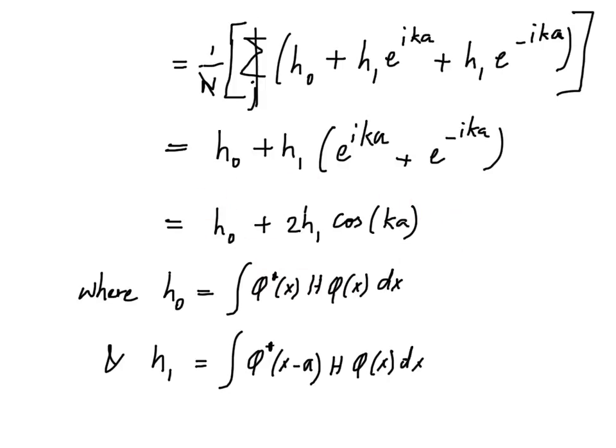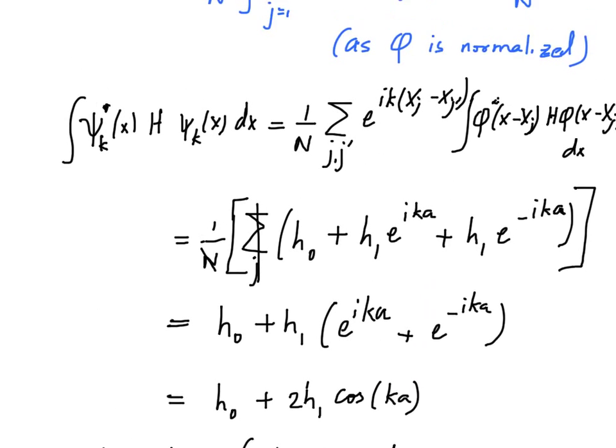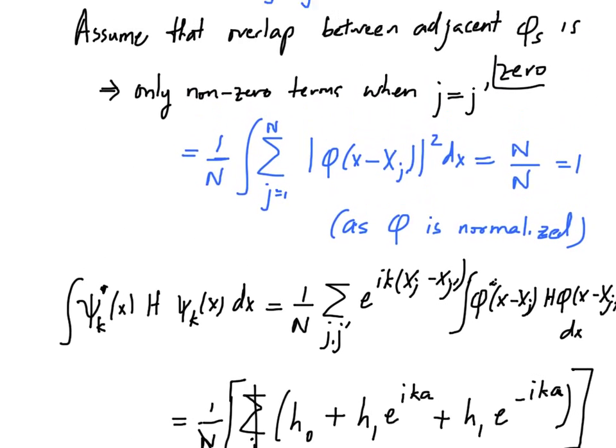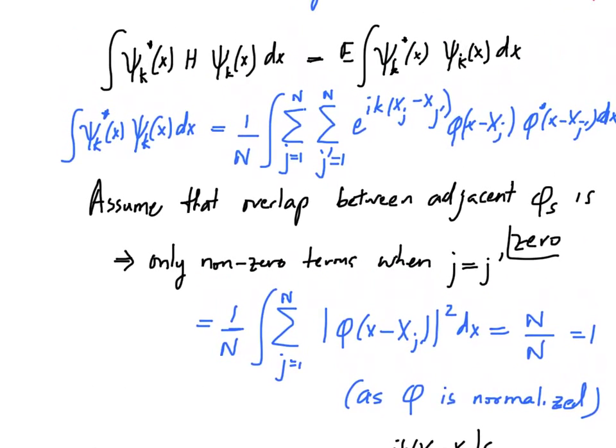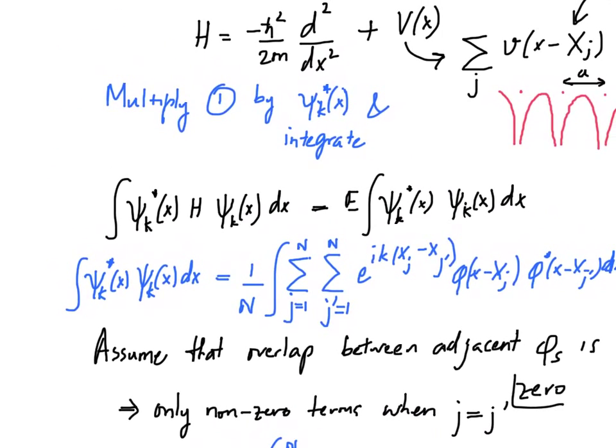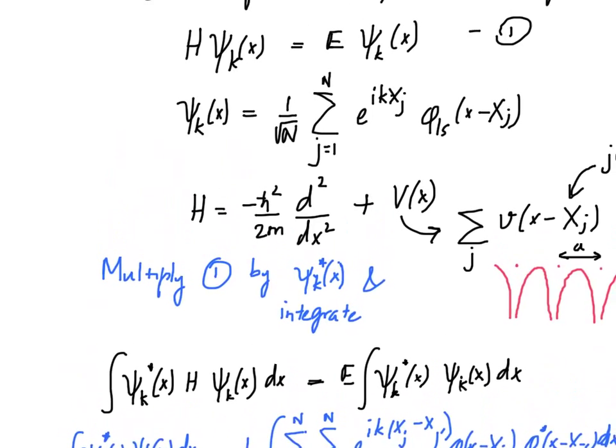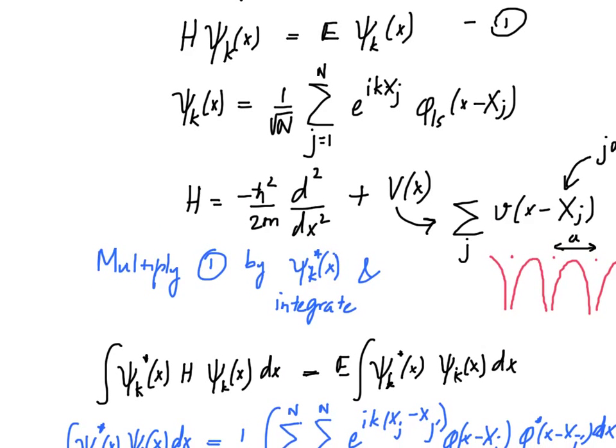In any case, we have our simplified expression for our integral involving the Hamiltonian, and that is very simply this. So let us step back a little and see what we have accomplished so far. Let's go back all the way to here. This was our original Schrodinger's equation that we wanted to solve.